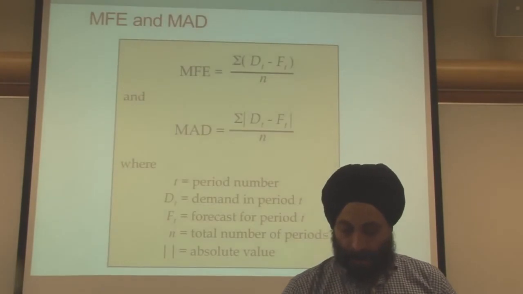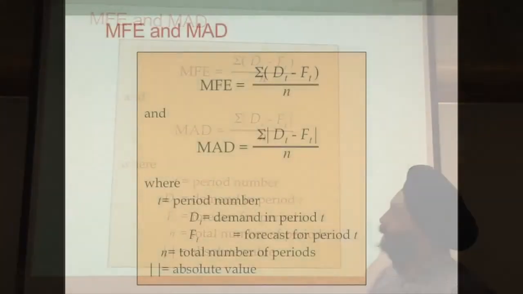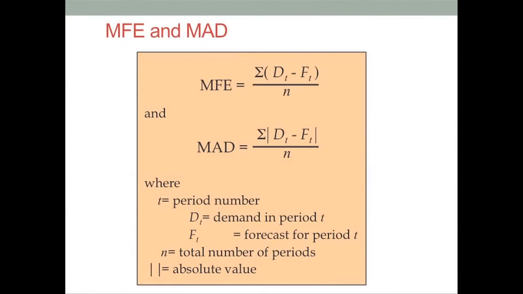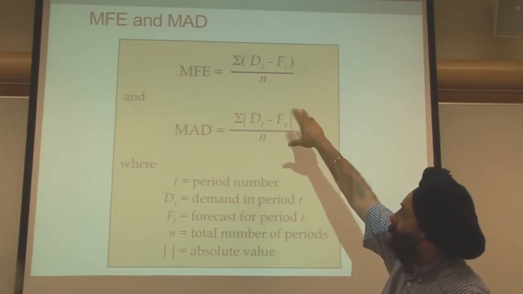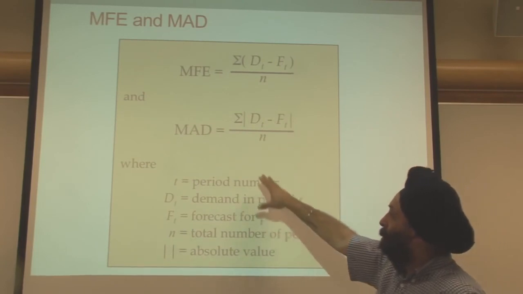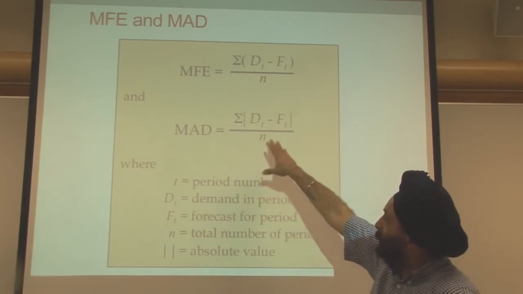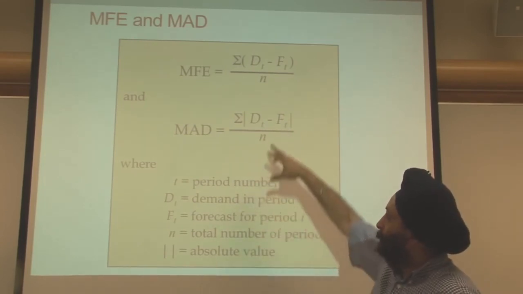And that's where you need to use, let's go ahead and do a calculation on MFE and MAD. So MFE, notation-wise, is the summation of dt minus ft divided by n, whereas MAD is the summation of the absolute value of dt minus ft divided by n.